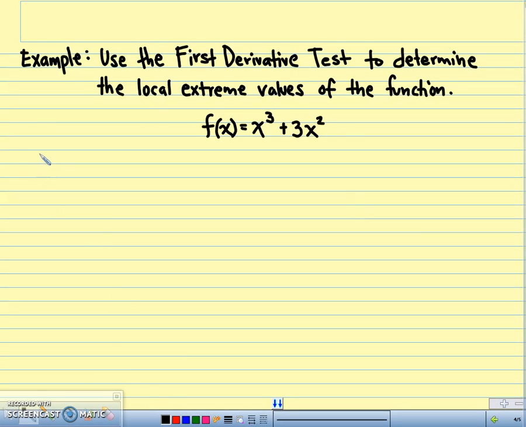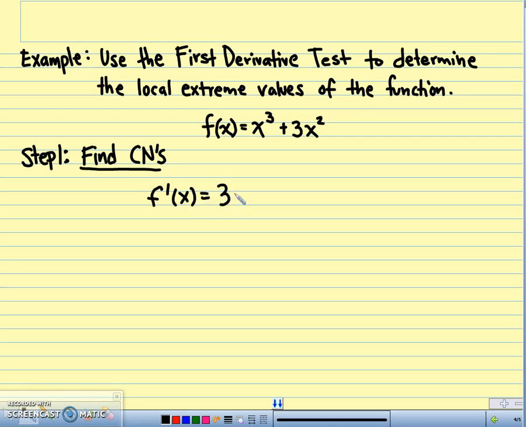So step 1 is you obviously need to find your critical numbers. So let's start by finding the derivative. So CN for critical numbers. We have f prime of x is equal to 3x squared plus 6x.